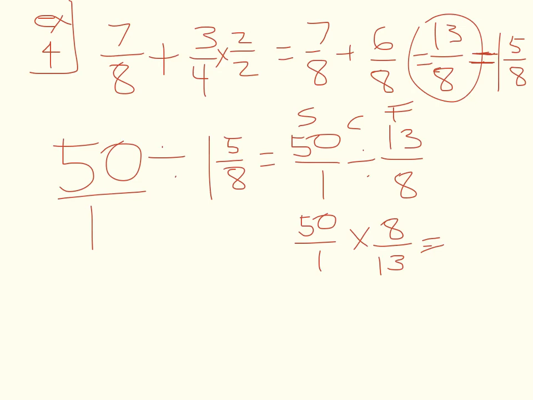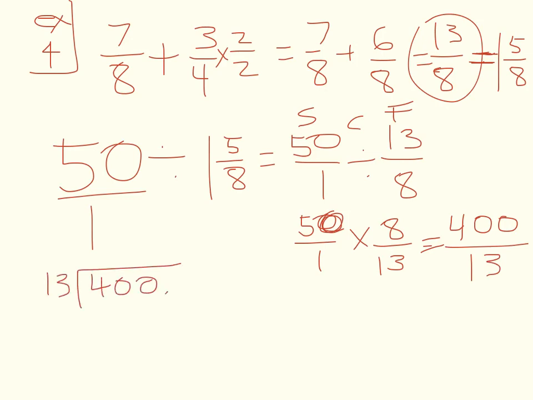So 50 times 8, well, 5 times 8 is 40, and then you have an extra 0. So 50 times 8 is 400 over 13, and to figure that out, I've now got to take bottom into top, decimal, decimal. 13 doesn't go into 4, it does go into 43 times, and you get 39, subtract is 1, drop a 0, 13 goes into 10 0 times, with 10 remaining.